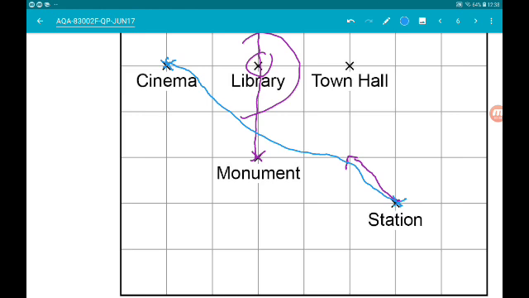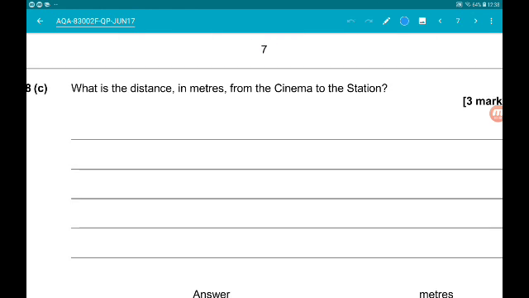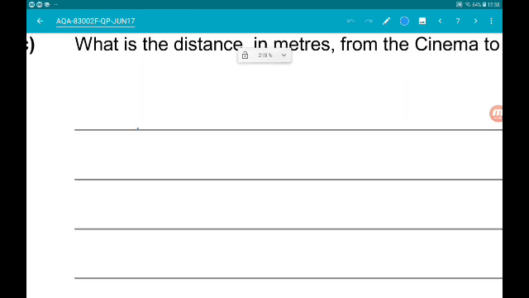Now you should get about 5.8 centimetres. Now we know from the scale that each centimetre represents 200 metres.